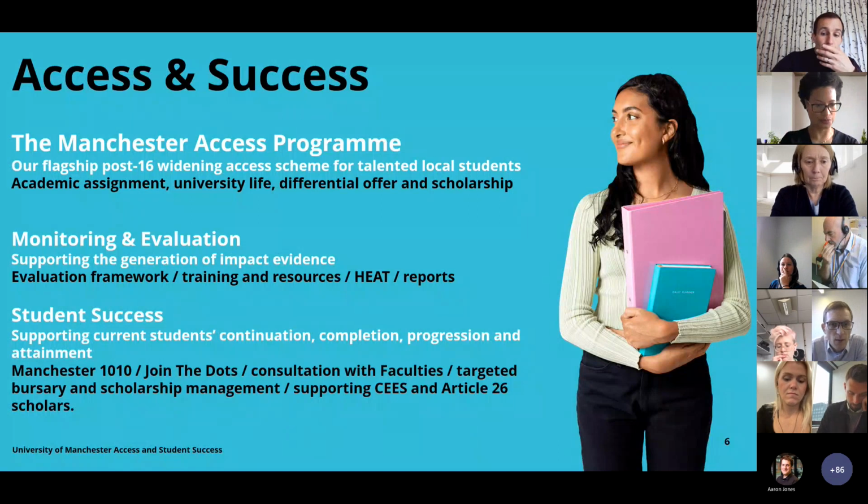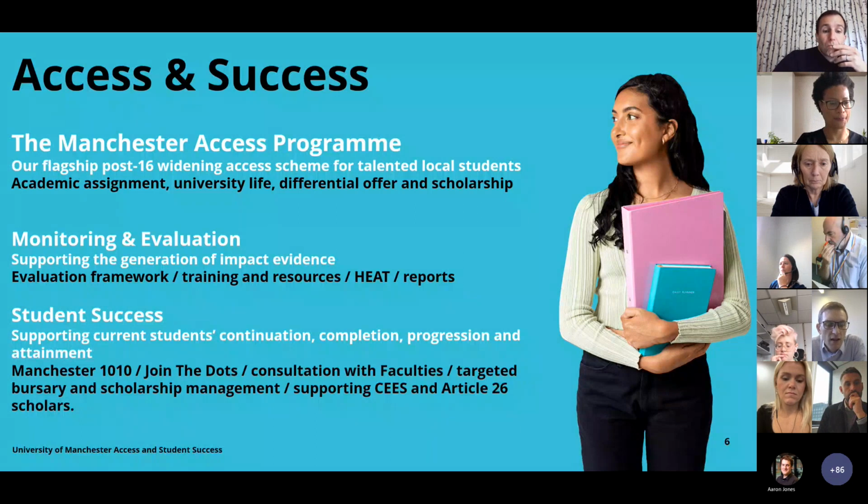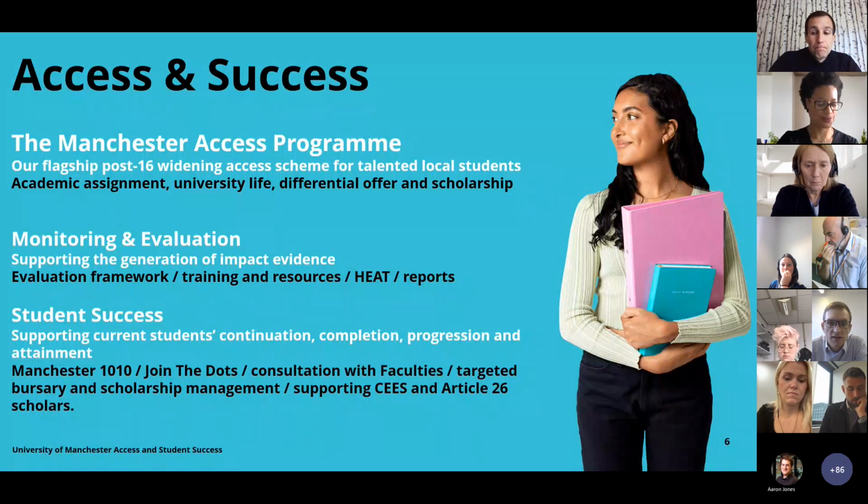And just to speak now about student success. As I mentioned before, it's the newest remit of the team with an area of growth as well. Our primary delivery focus has been working with Black heritage students, because as an institution, we have an unexplained awarding gap, which is currently at 12.5% for UK full-time students between Black heritage students and white students.